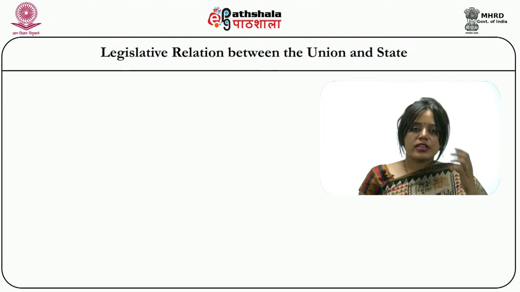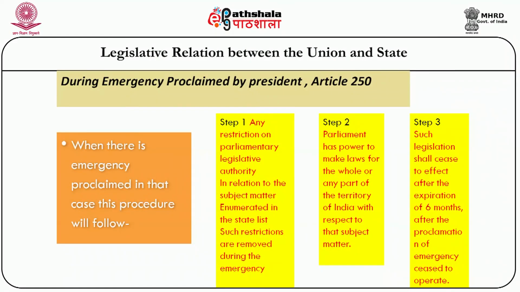The second situation is during an emergency proclaimed by the President, given under Article 250. Here again the procedure is stepwise, and I will explain it. Any restriction on parliamentary legislative authority in relation to the subject matter enumerated in the State List is removed during the emergency.